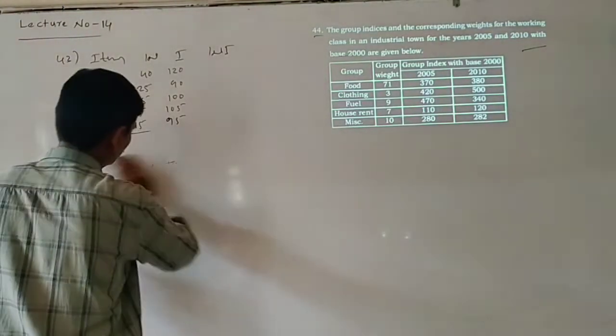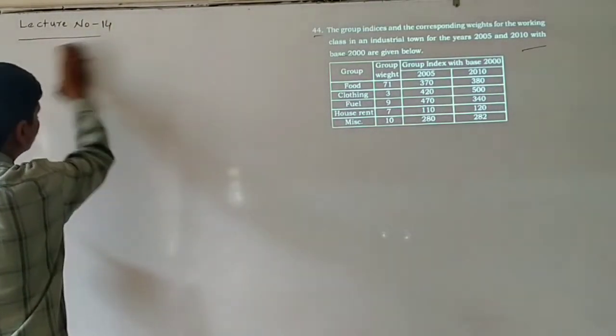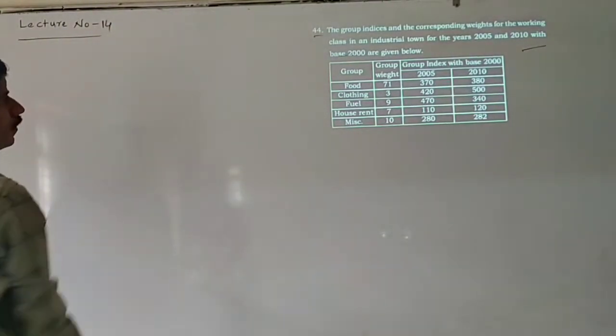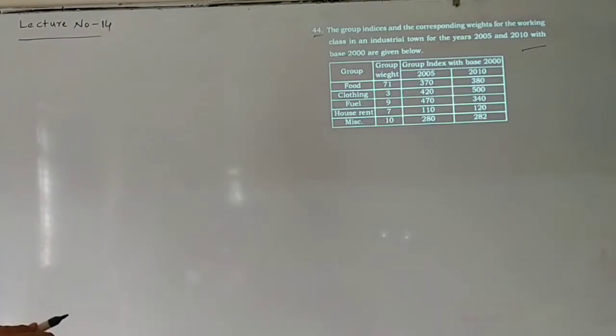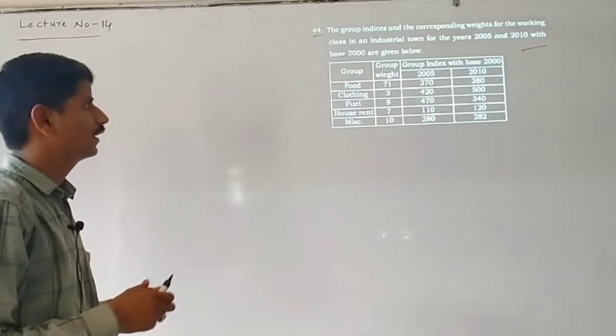The next problem, number 44. The group indices and corresponding weights for the working class in an industrial town for the years 2005 and 2010 with the base 2000 are given below.